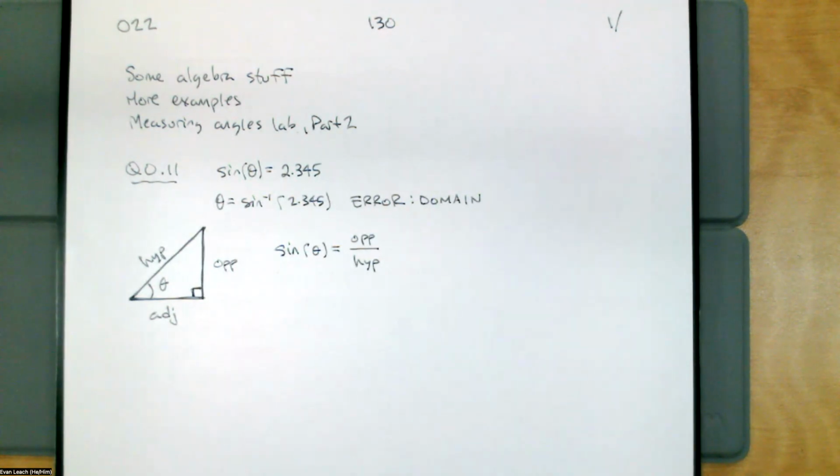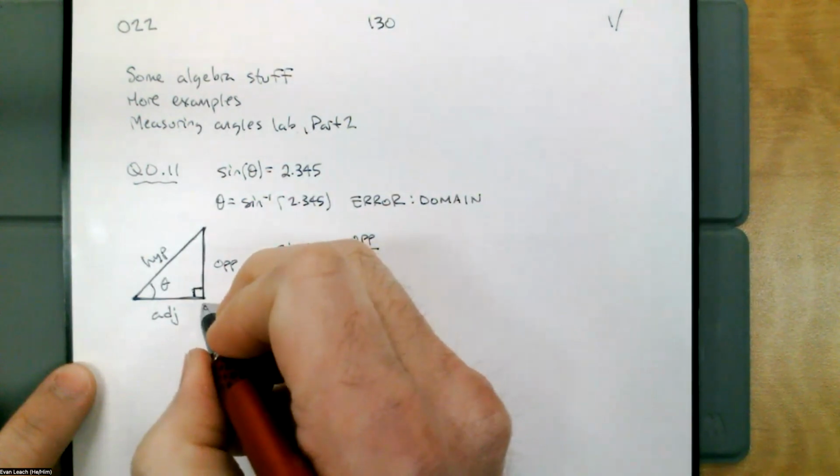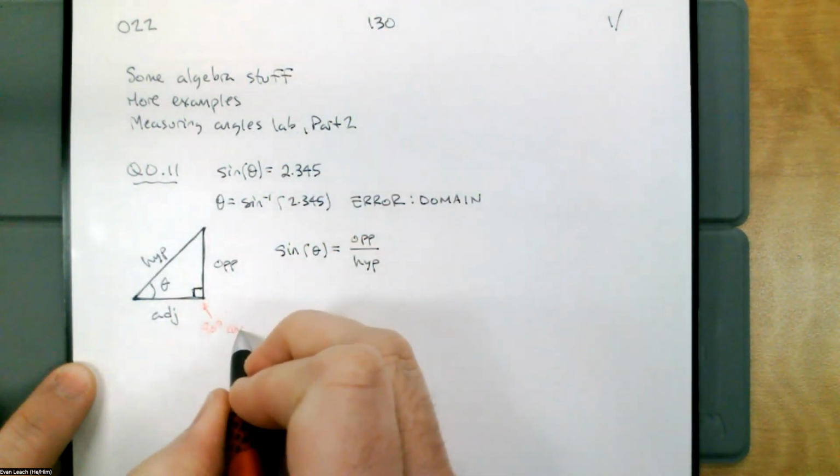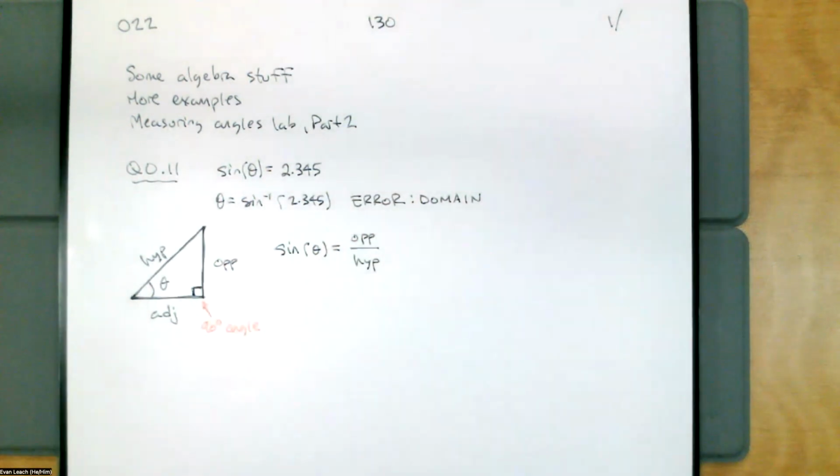We've only got 90 degrees left to split up between the other two angles, because the sum of the angles in a triangle has to be 180 degrees. So here's a 90-degree angle. That means there's only 90 degrees to split between the other two angles.